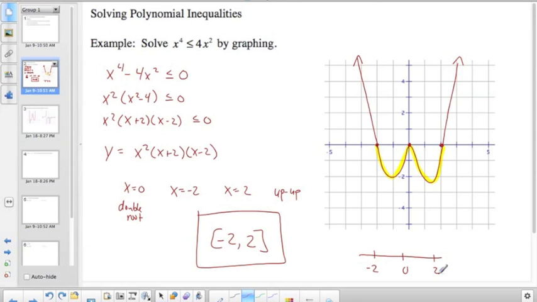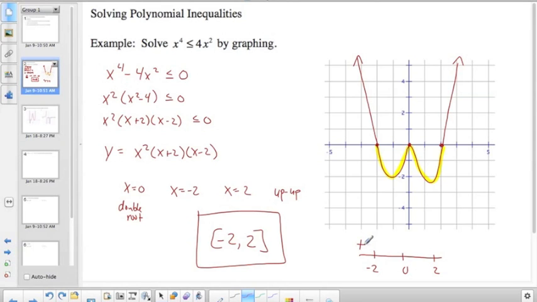And we want to know what the sign of the polynomial is in between those roots. So if I put something less than negative 2, say negative 3, into the inequality, I get negative 3 to the fourth power, which is positive 81, minus 4 times 9. So we know that that's going to be positive.